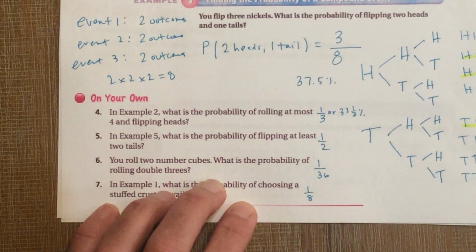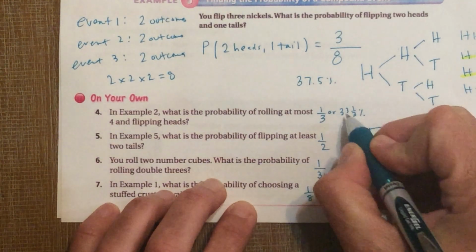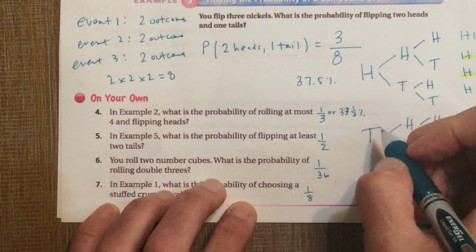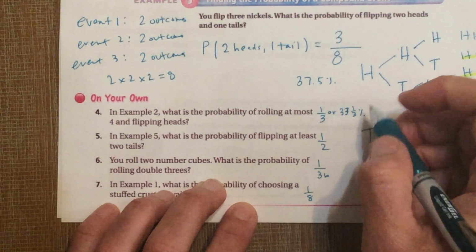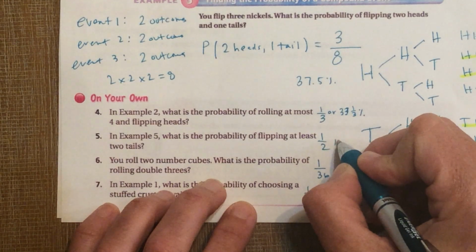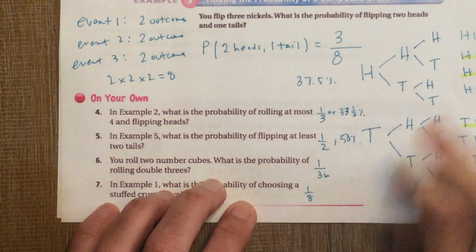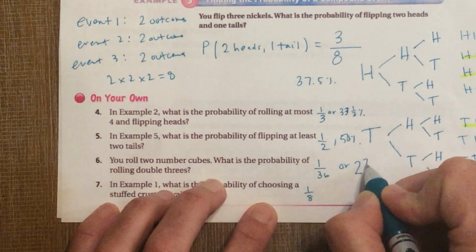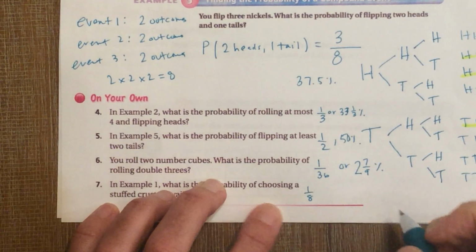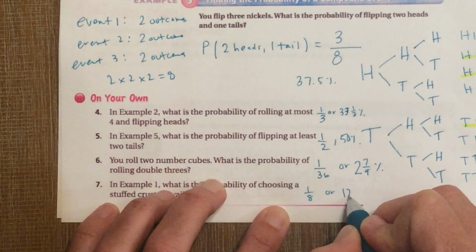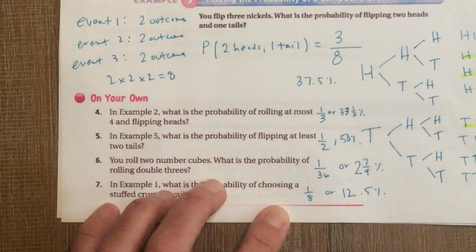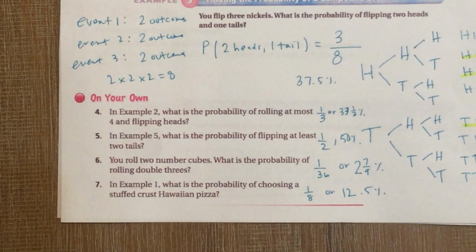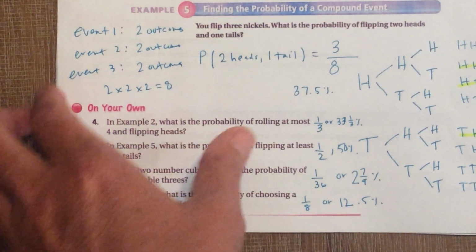Notice they're writing all their percents not as a repeating decimal, but as a fraction. Fractions are the way to go. Example 5 obviously was 50%, 1/36. I believe this is 2 7/9%. And then 1/8 would be 12.5%.